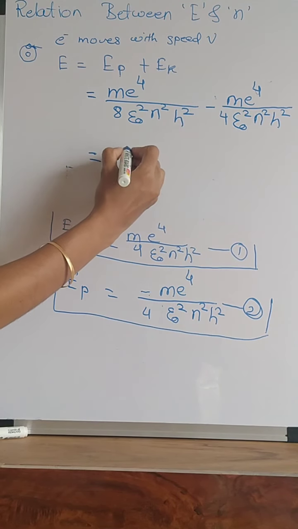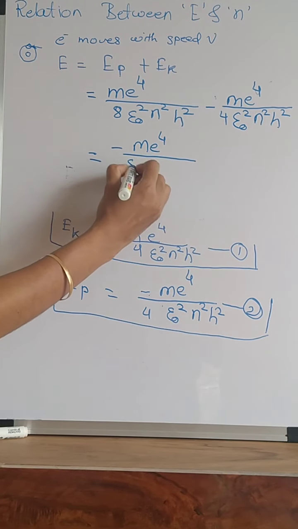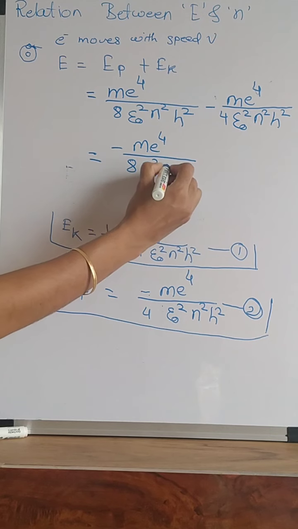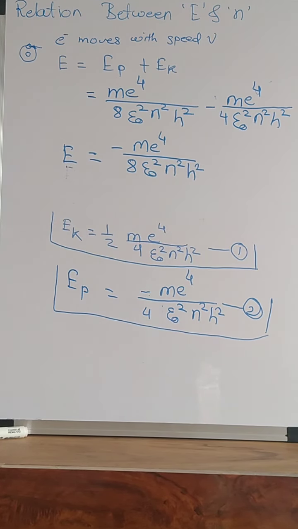After taking LCM, we will get minus m e raised to 4 upon 8 epsilon naught square n square h square is your total energy.